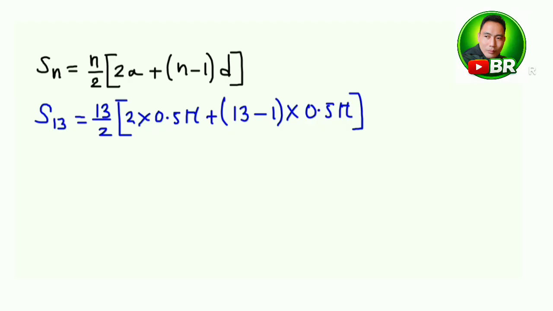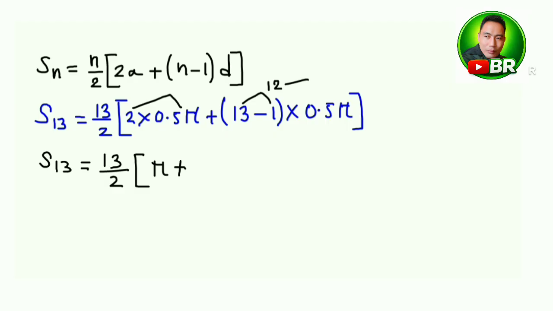Now S13 equal to 13 by 2, and after multiplying these two, here we obtain 1 pi, plus, and here also 13 minus 1, 12, and 12 into 0.5 pi, then we obtain here 6 pi.